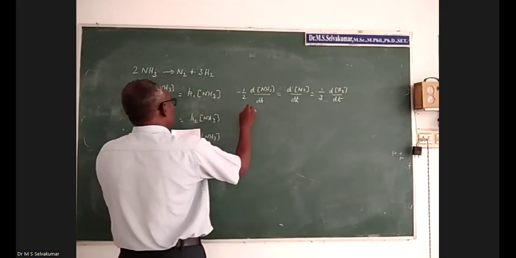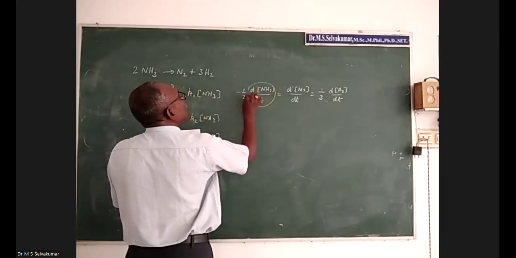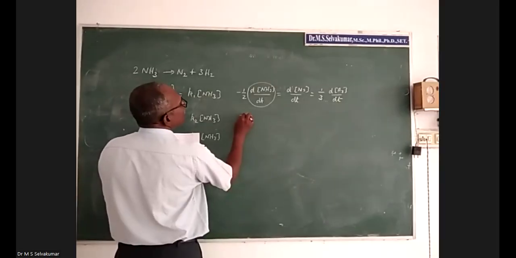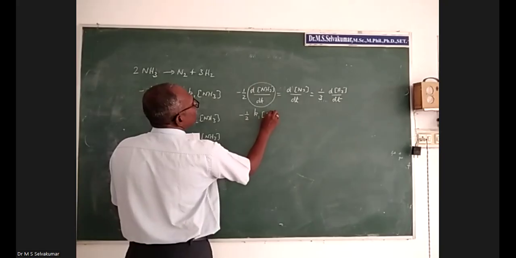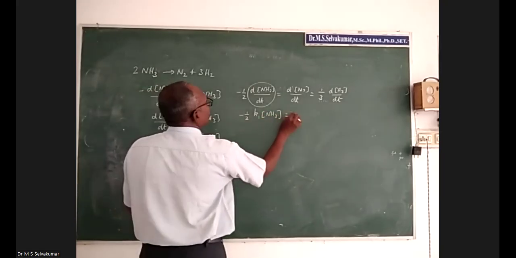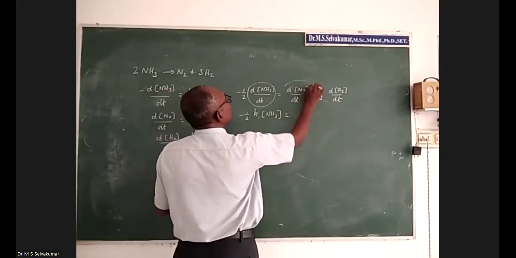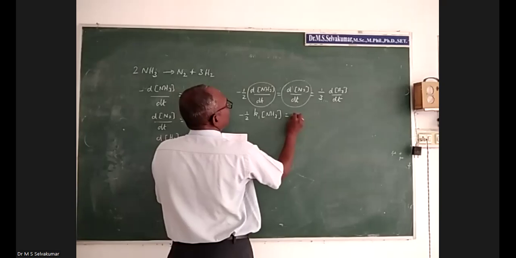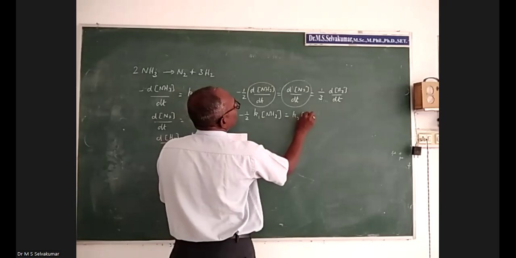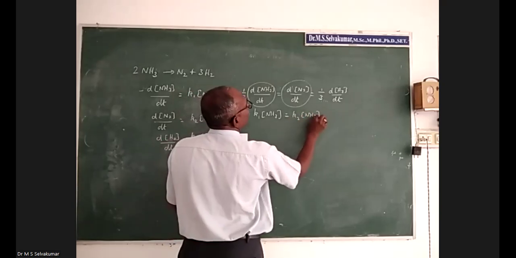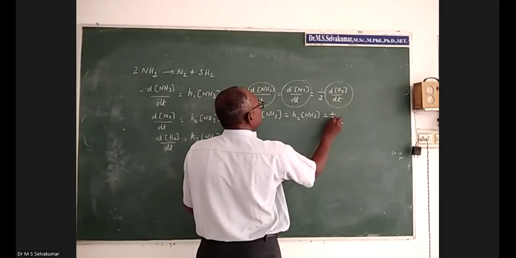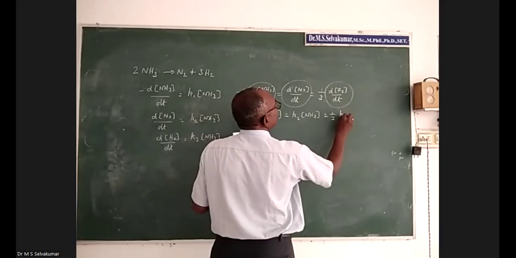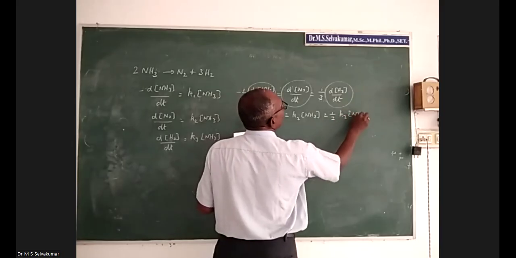So this particular part can be written as minus 1 by 2 K1[NH3]. So this particular part can be given as K2[NH3]. And then this particular part becomes 1 by 3 K3[NH3].